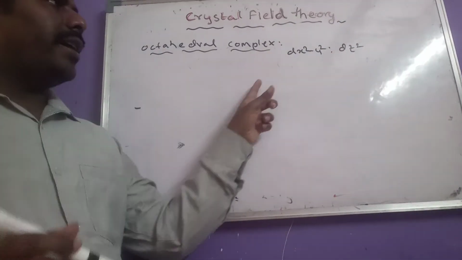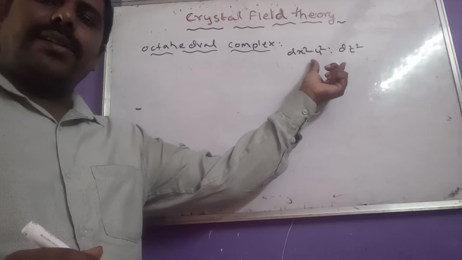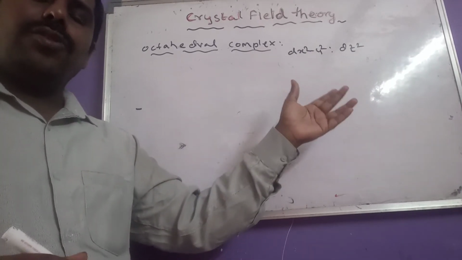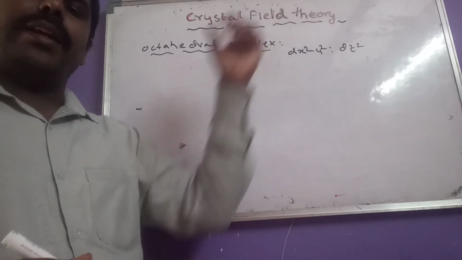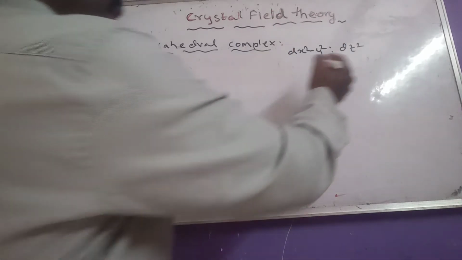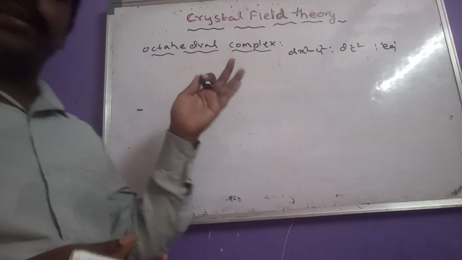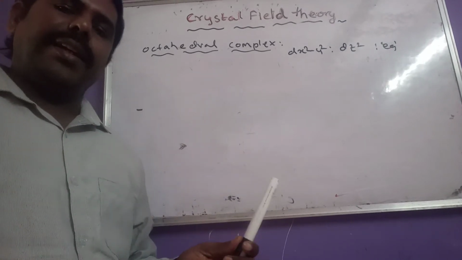As the ligands approach along the axis, these orbitals feel high repulsion, so their energy increases. So the Eg set of orbitals' energy increases and the T2g set of orbitals' energy decreases.